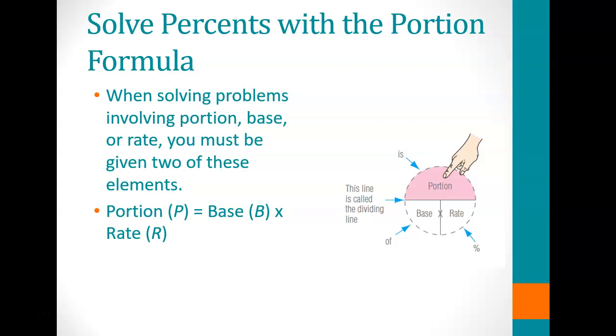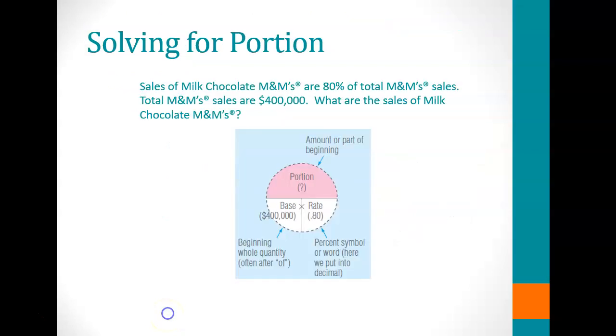So when solving problems involving portion, basis, or rates, you must be given two of these elements. So if I'm given the portion, rate, base, as long as I know any two of these three, then I can solve for the missing element. For example, we're back to M&Ms.